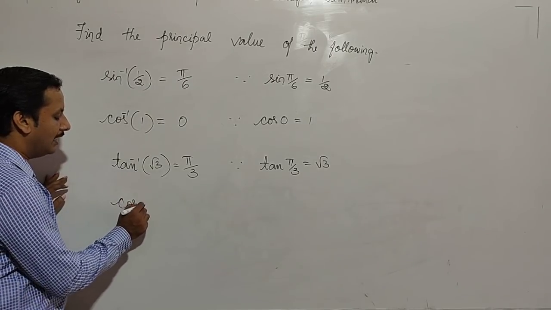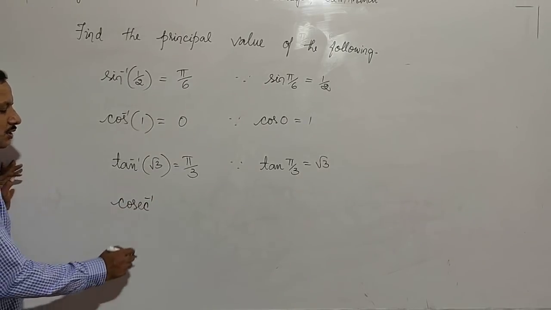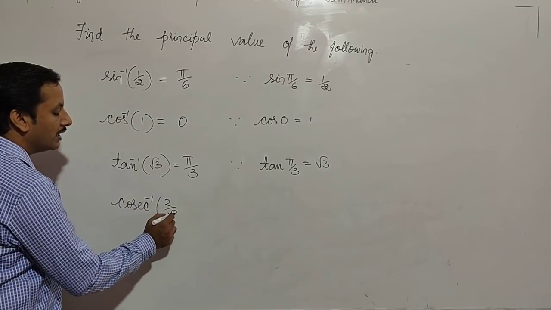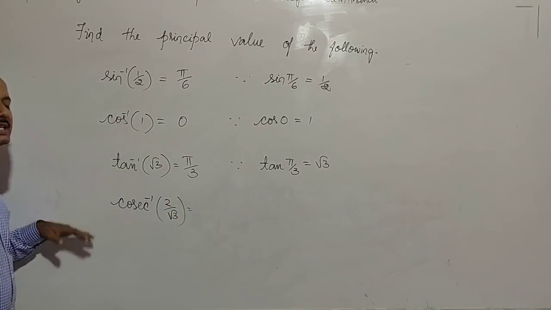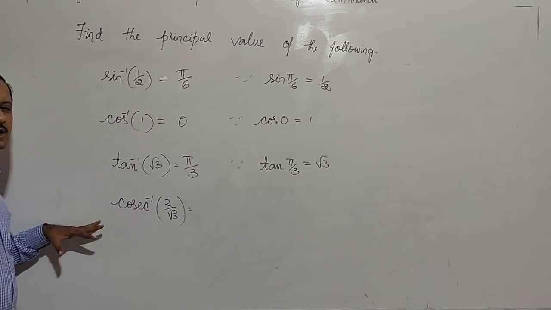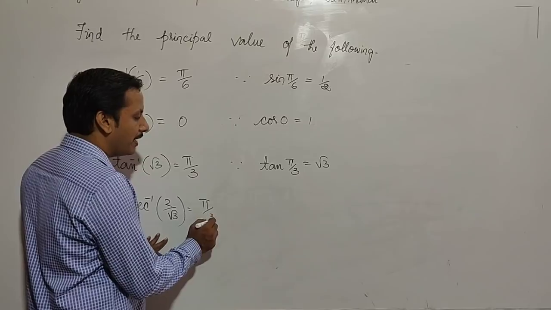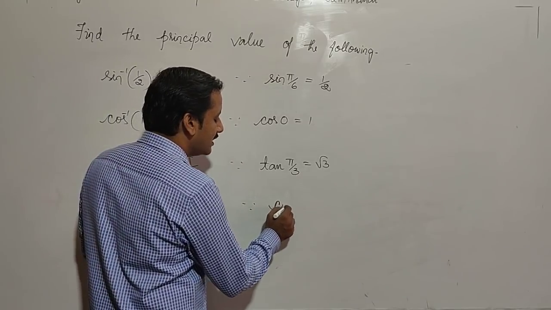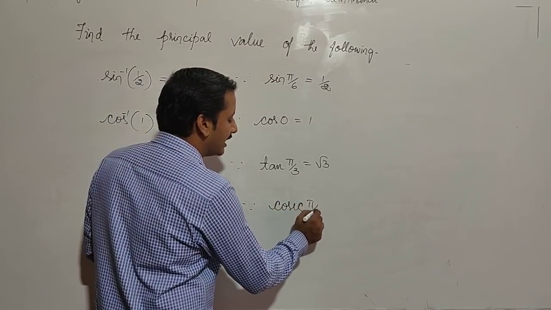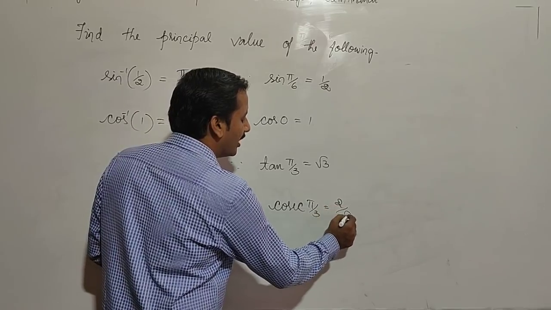Then I will take cosecant inverse of 2 by root 3. Cosecant inverse of 2 by root 3 is equal to pi by 3, since cosecant pi by 3 is equal to 2 by root 3.